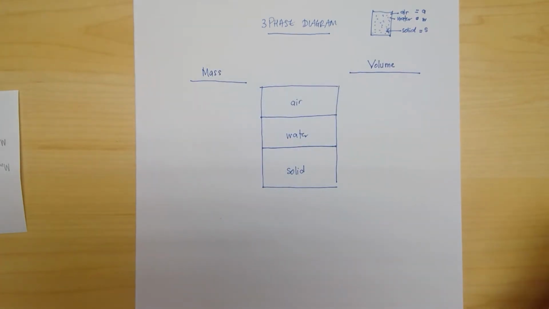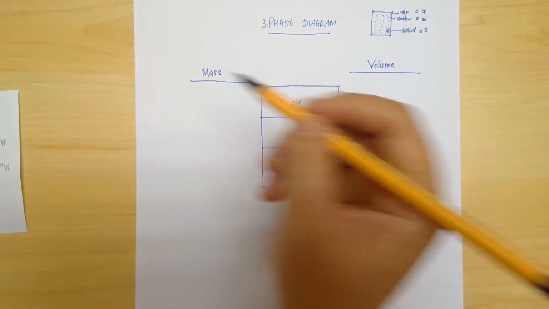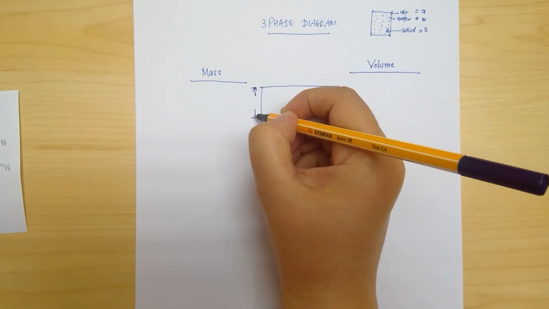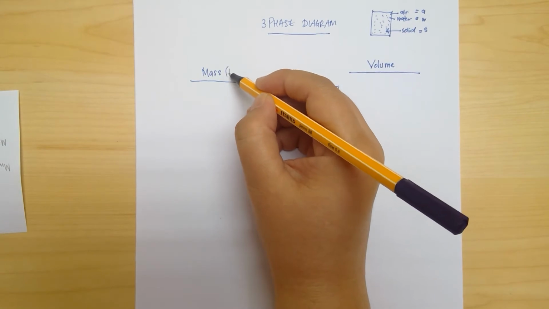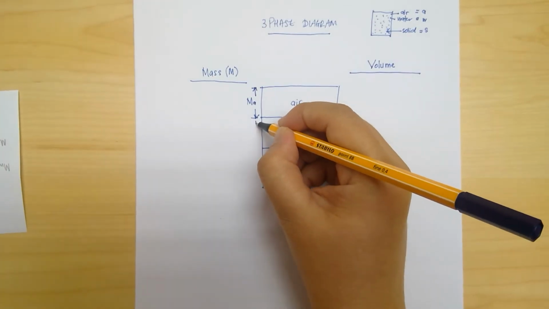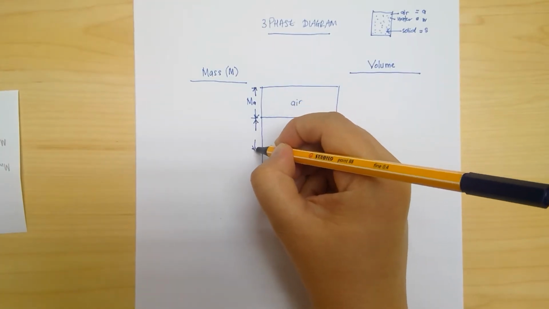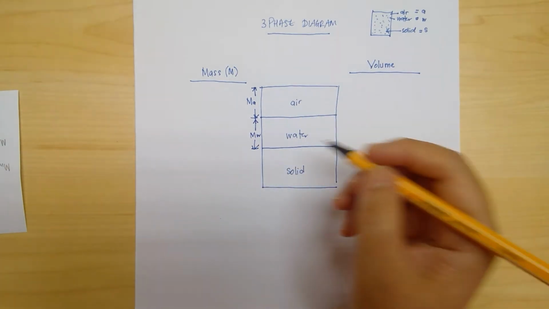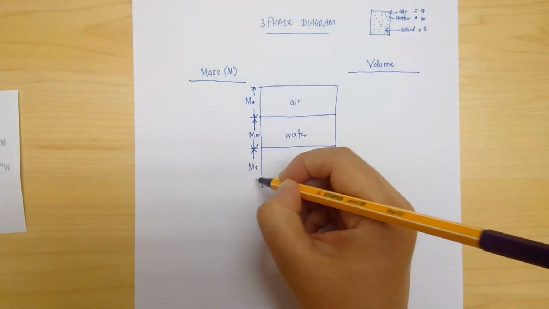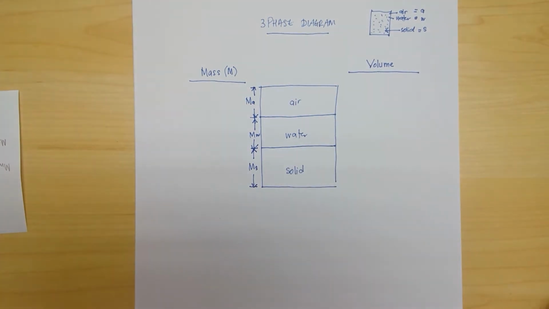Okay, so from whatever we have done right now, if this is your air, we represent mass in terms of m, so your air will be ma, and the same for water, mw, and for solid that will be ms. Let's say they ask you, can you calculate the total mass of this soil sample?